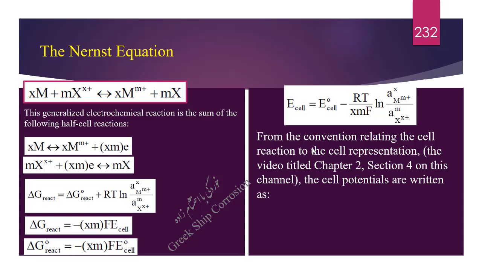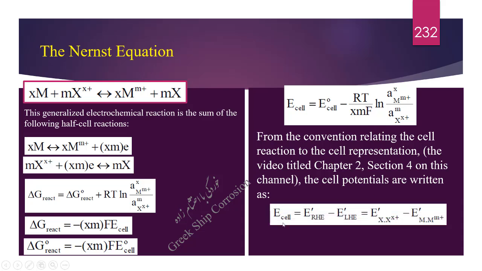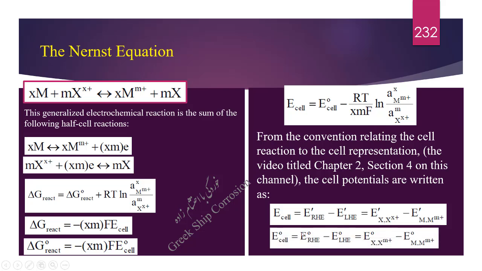From the convention relating the cell reaction to the cell representation, in the video titled Chapter 2 Section 4 on this channel, the cell potential is written as E cell equals E prime RHE minus E prime LHE, equals E prime X^(x+) minus E prime M^(n+).